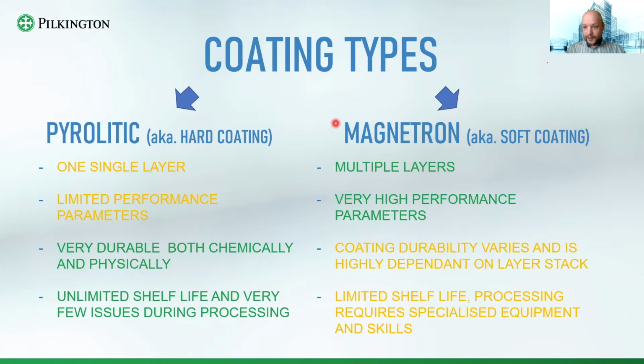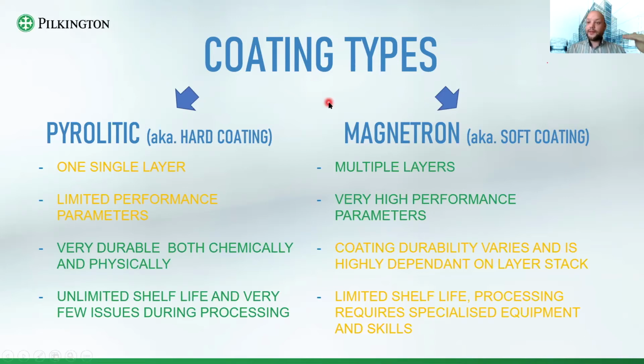The coating durability is highly dependent on the layers you're using, the layer stack, as it's called. Some of them are quite durable, but if we're talking about a coating with low E properties, with silver, they are all quite weak compared to the pyrolytic ones. And last but not least, the processor has to be able to work with them, meaning it requires special equipment.